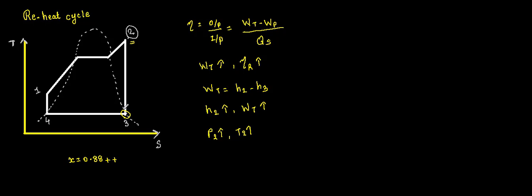This erosion or corrosion will happen in the turbine and it will erode or corrode the blade. So we need to reduce it. How to do that?